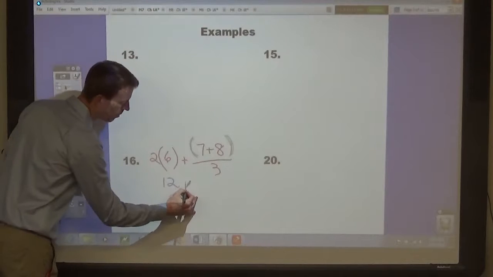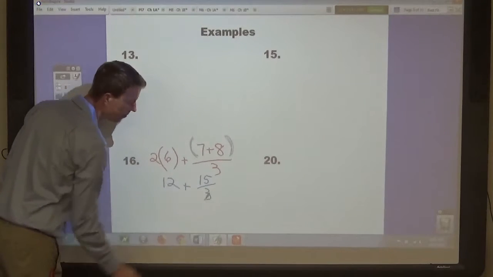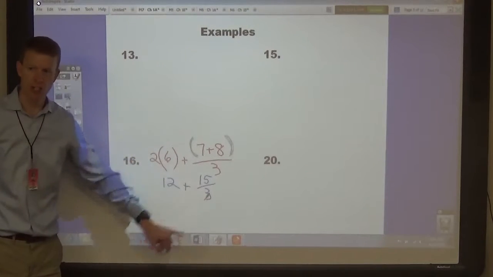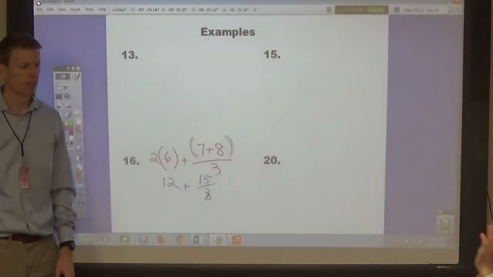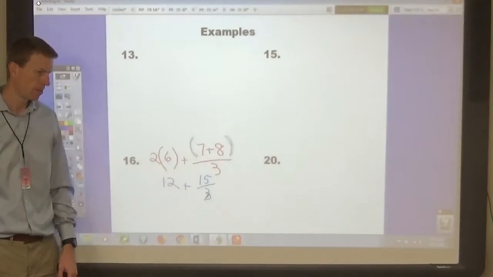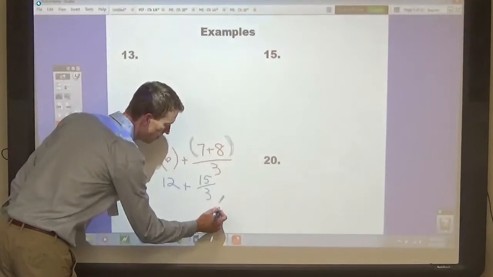So then you can work this out. 12 plus 15 over 3. Now, do we do this plus or do we do this division next? Matt? You do the division on 15 and 3, and then it would be 5, and then 12 plus 5, and then 17.